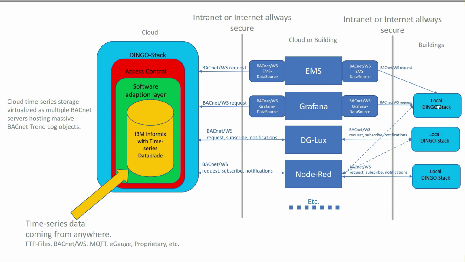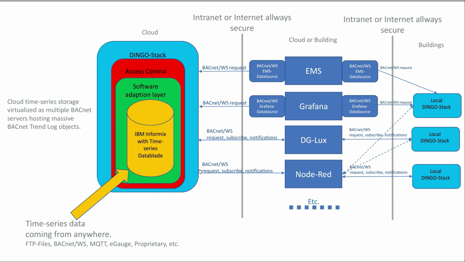Those are actually presenting three different buildings installed with DINGO-Stack. So using BACnet web services in the cloud or building or wherever you are located, you can access the data in a secure manner with encryption and authentication.